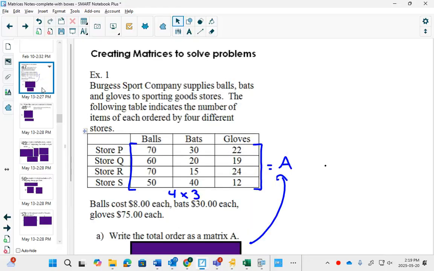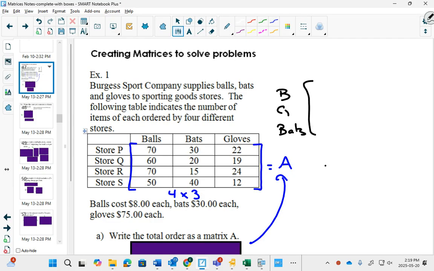But with that said, there will always be someone in class who's like, oh, I decided to make the balls, then the gloves, then the bats here, and totally rearrange the numbers, which is perfectly fine. You could do that. And then I'm kind of anti-alphabet right now, so I'm going to go QTRS.